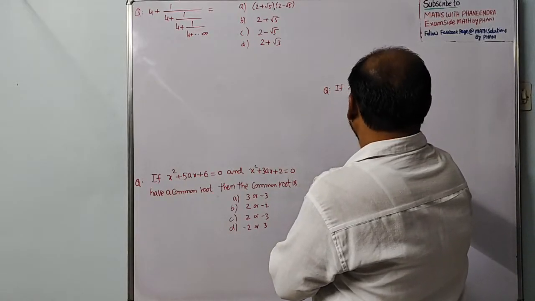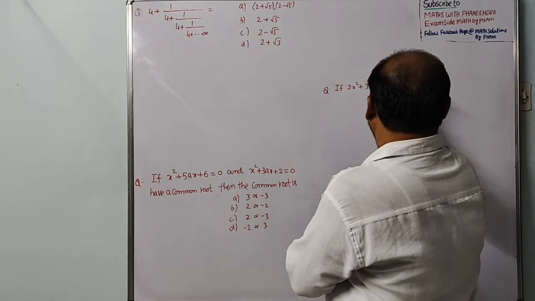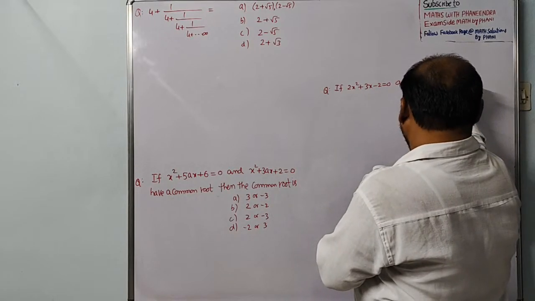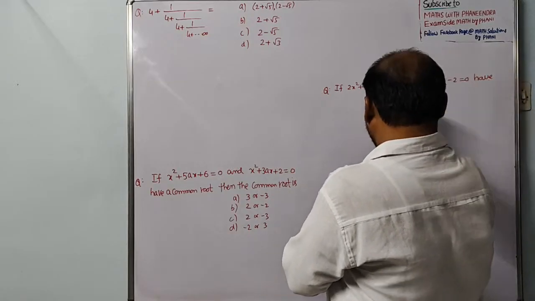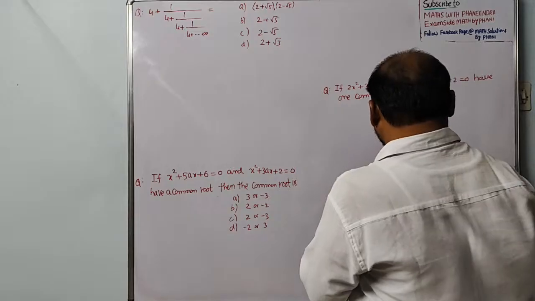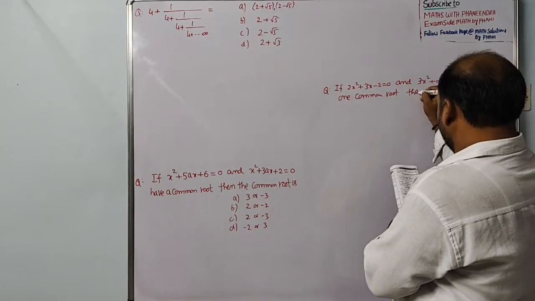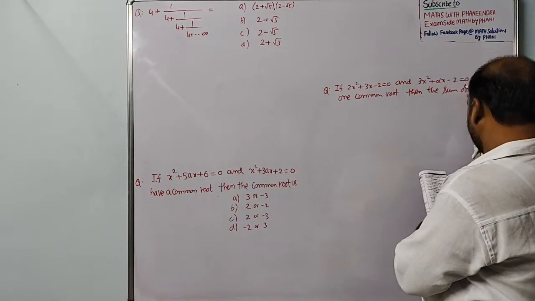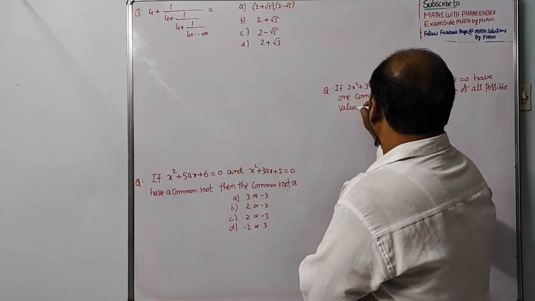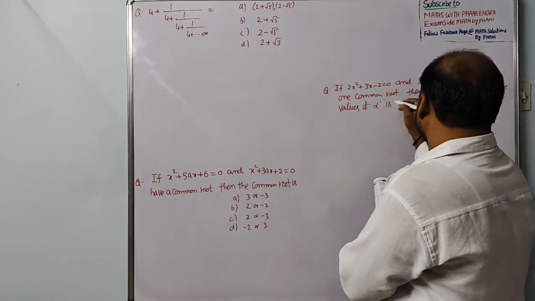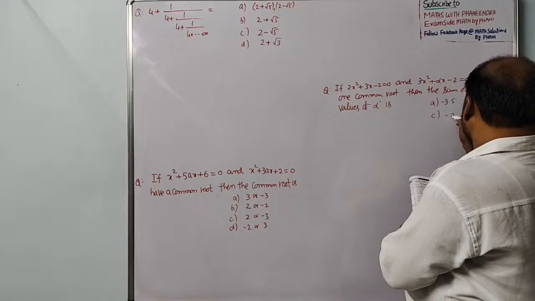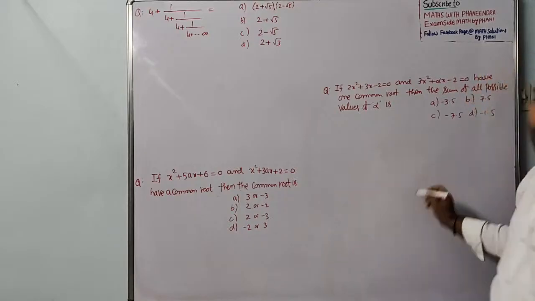If 2x square plus 3x minus 2 equal to 0 and 3x square plus alpha x minus 2 equal to 0 have one common root, then the sum of all possible values of alpha is: the first option minus 3.5, second option 7.5, third option minus 7.5, fourth option minus 1.5.